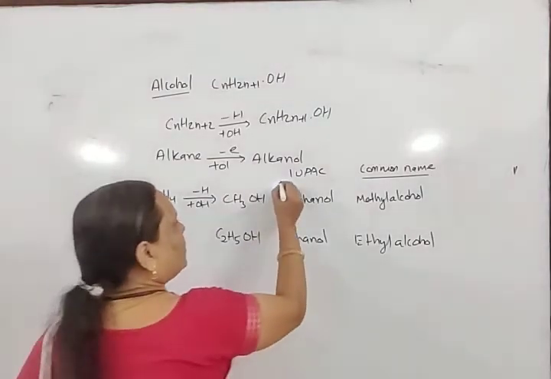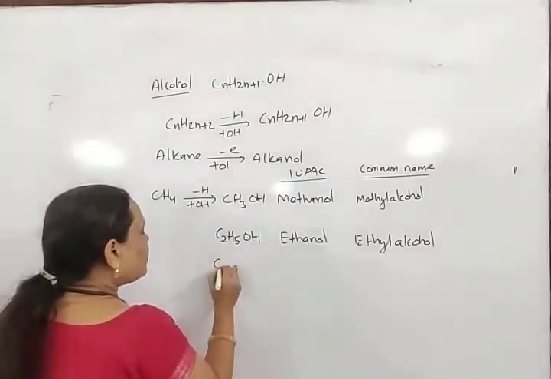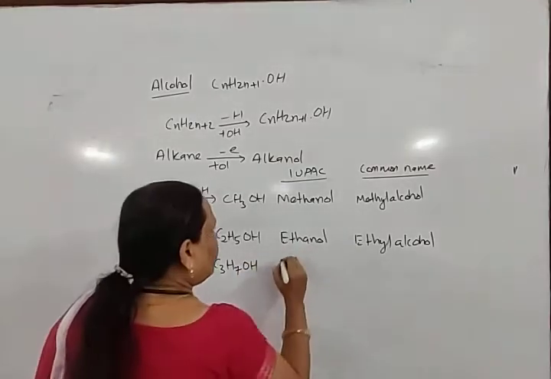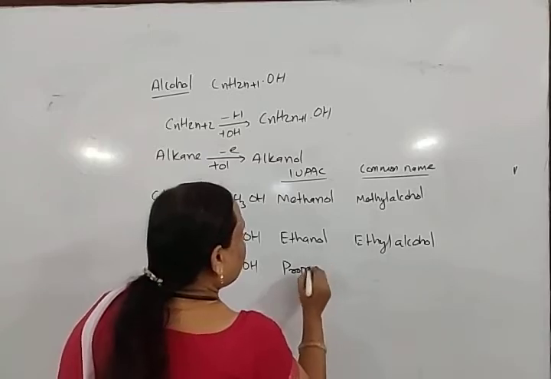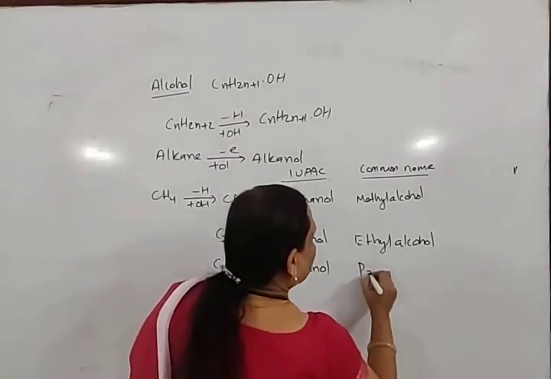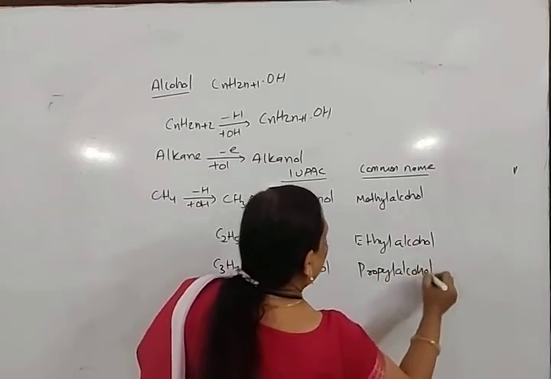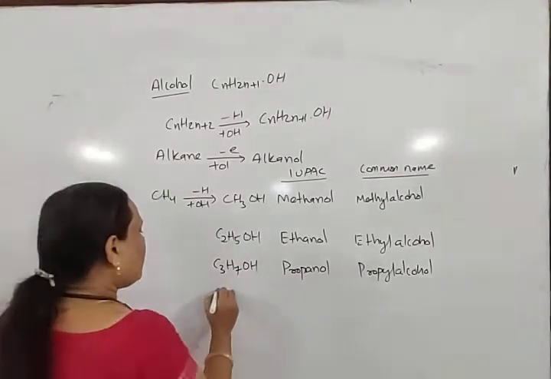They are generally one word: ethanol. Next, C3H7OH is propanol, also known as propyl alcohol.